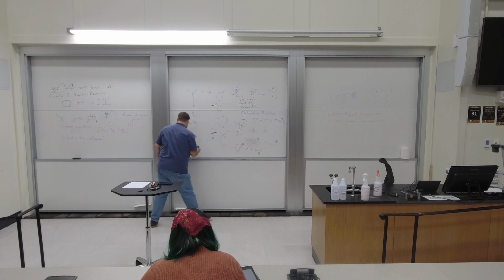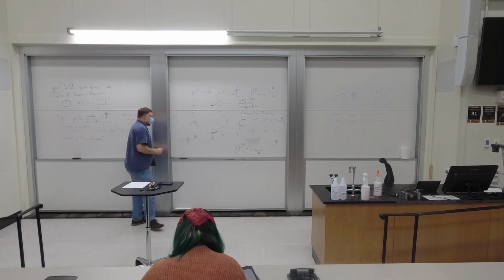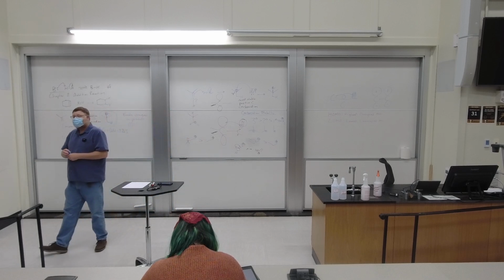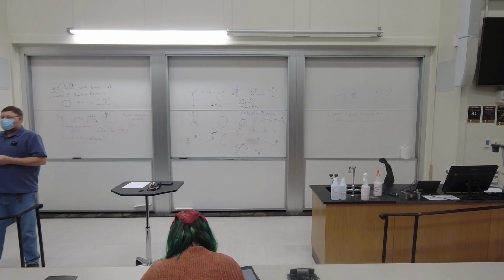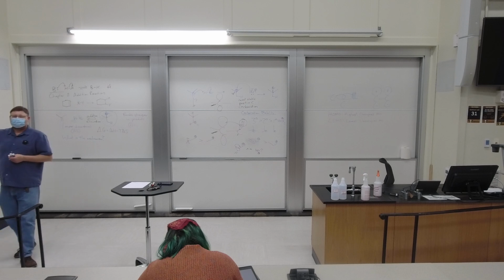Honestly, I should draw it like this. Any atom with a lone pair, right? Because now, what you guys said, to stabilize a positive charge, I want electrons brought in. The best thing you could use with electrons would just be a lone pair that's not tied up anywhere else.